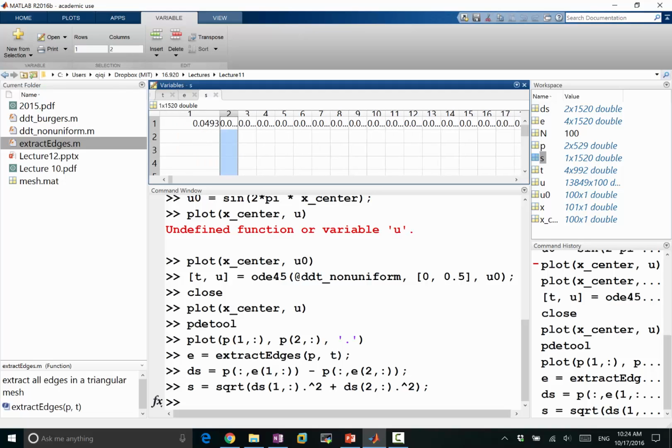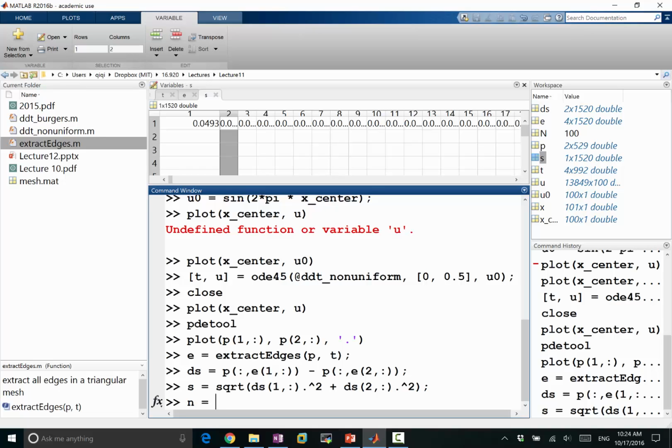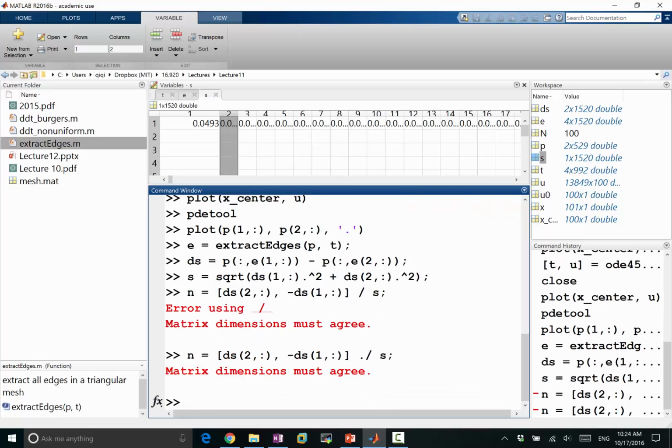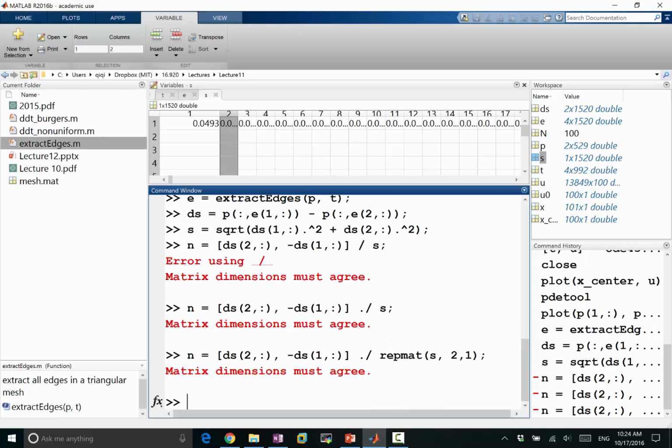The surface normals would be equal to ds2 and minus ds1, divided by S. I have to replicate S with repmat, since the matrix dimensions must agree.